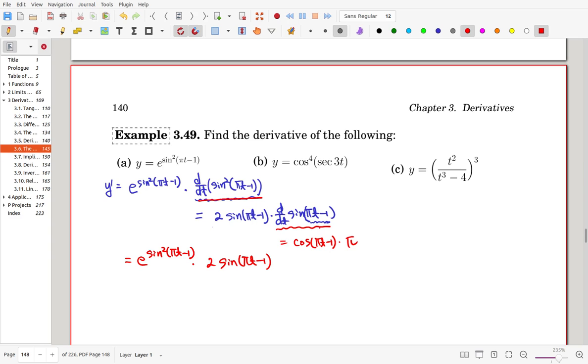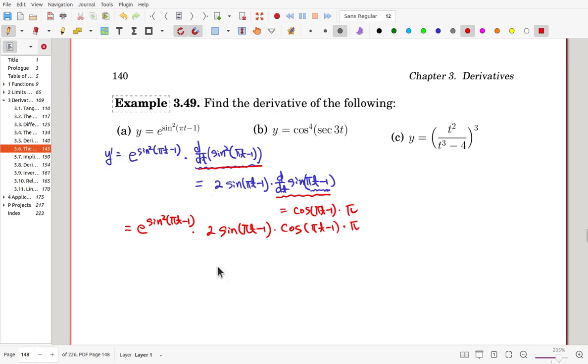And again, this term is changed in this way, so it's cosine of pi t minus 1, and finally we have a pi. It's a little bit long. However, anyway, we can get it in this way.